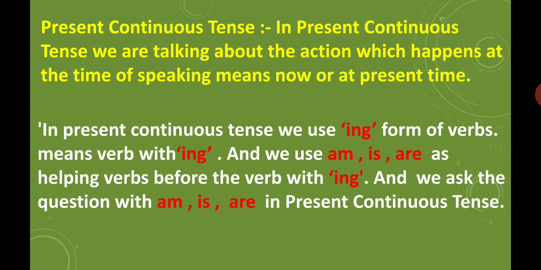So what are the helping verbs of present continuous tense? Am, is, and are. And just remember one thing: whenever we write a sentence in present continuous tense, after the subject, we write the helping verb, and then we write the verb with ing form.